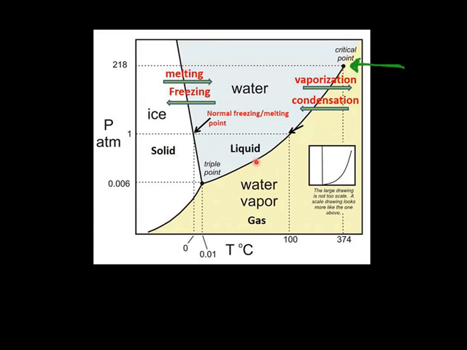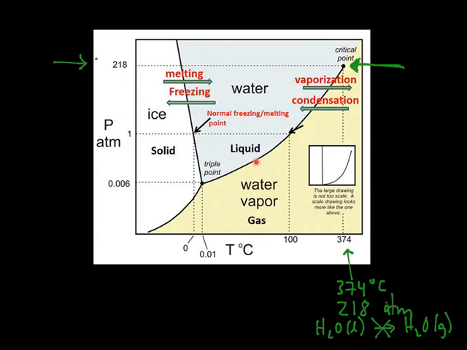It means that at very high temperature, as you can see 374 degrees Celsius, and at a pressure of 218 atmospheres, very high pressure conditions, the transformation of liquid to gas no longer exists. Meaning at this point you cannot tell the difference anymore whether you have liquid or gas.